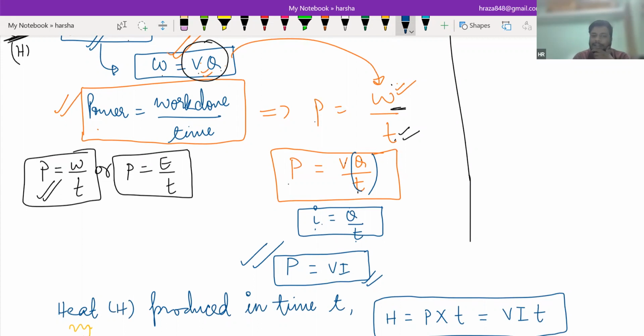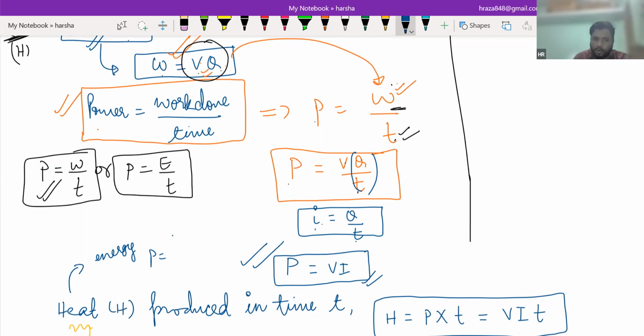Now see, heat produced in time T. You already know that we are talking about energy. P is equal to energy by time. We are talking about energy E or heat energy or kinetic energy, whatever is the energy.